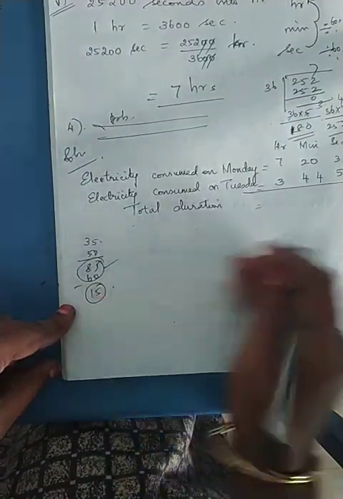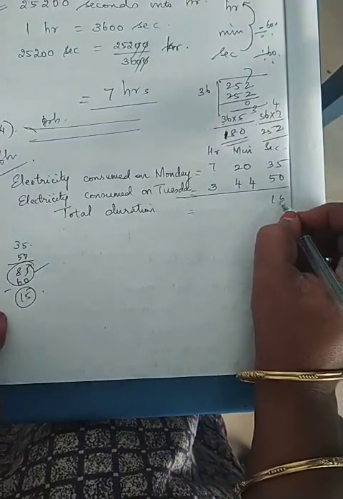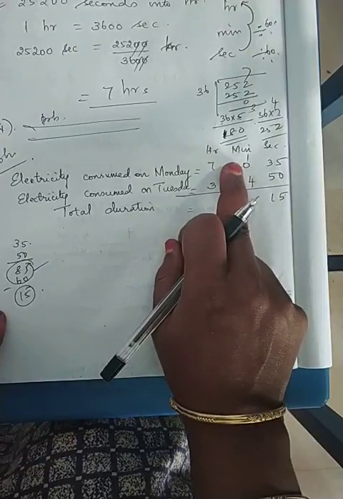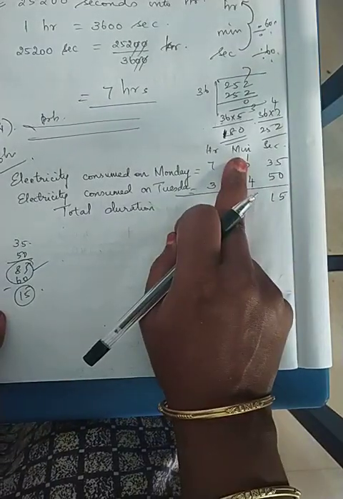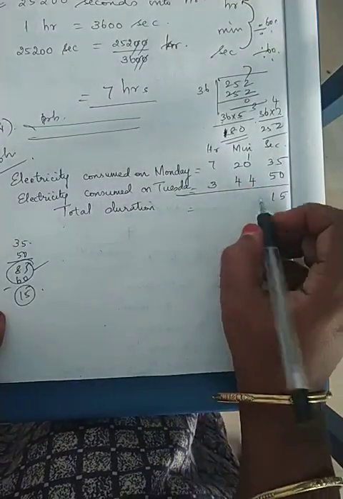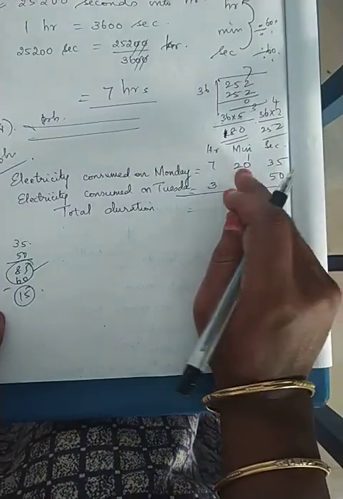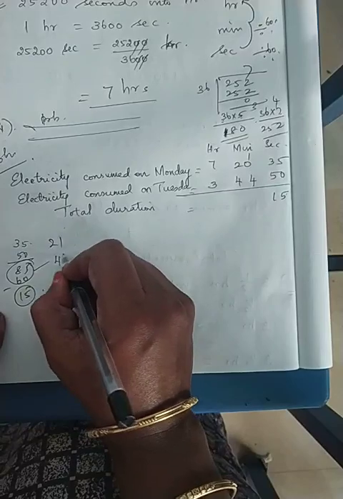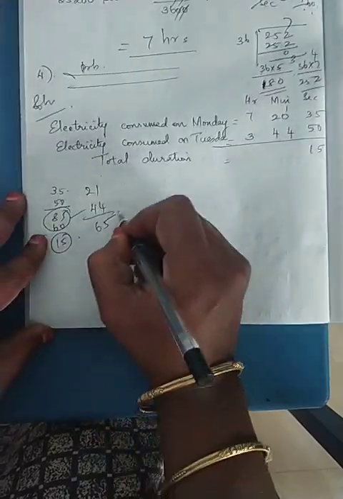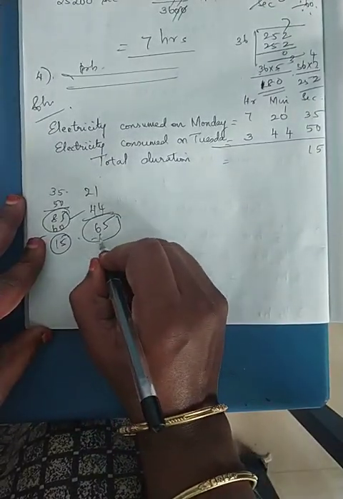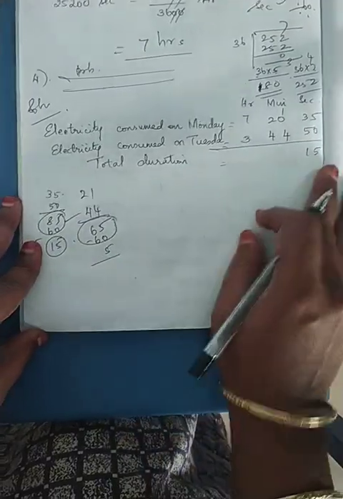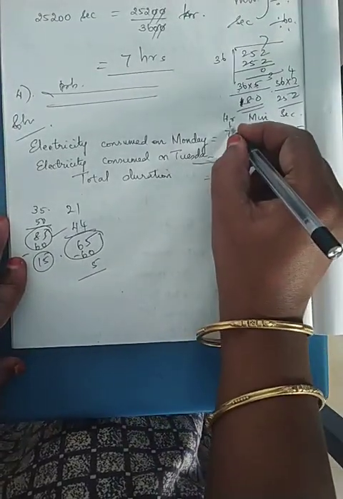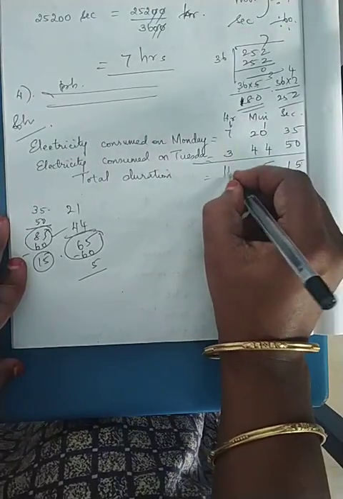So the remaining only I will write here. That one I will bring it here, because that is in the minute section. 60 seconds I removed and I brought it here. So this will become 25. Again, 21 plus 44 will become 65. Again, this is minus 60. So remaining 5. Only I will be having 5 minutes and brought 1 hour here. So 7 plus 3, 10 plus 1, 11.